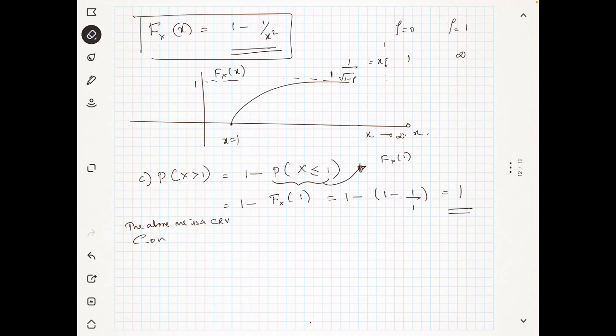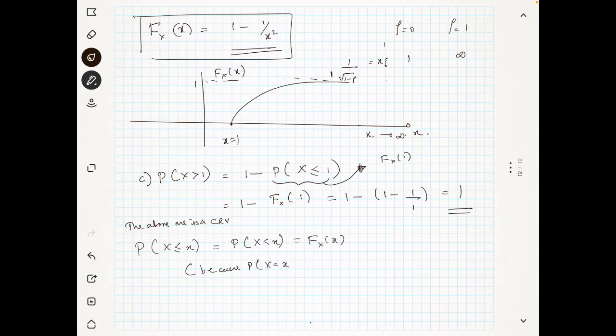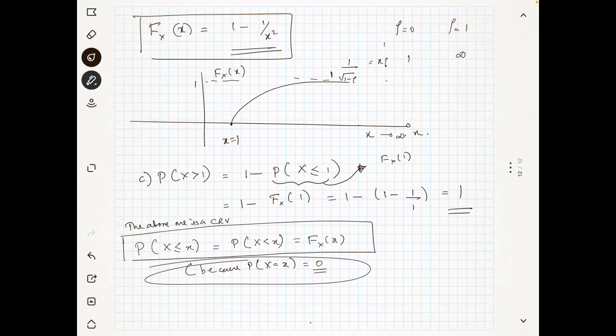For a continuous random variable, the probability that x is less than or equal to small x is the same as the probability that x is less than x, because at x equal to x the probability is equal to 0. That's why this is nothing but Fx of x. If you are considering a single event, the probability that x takes the value x is equal to 0.